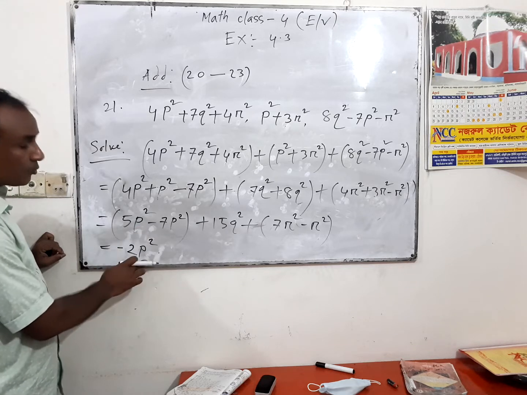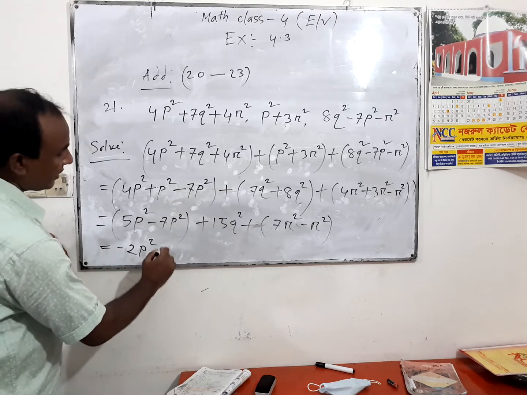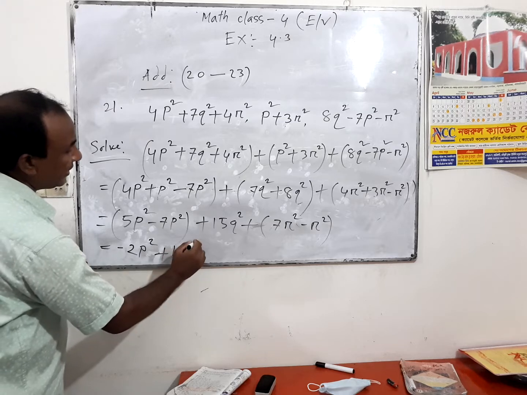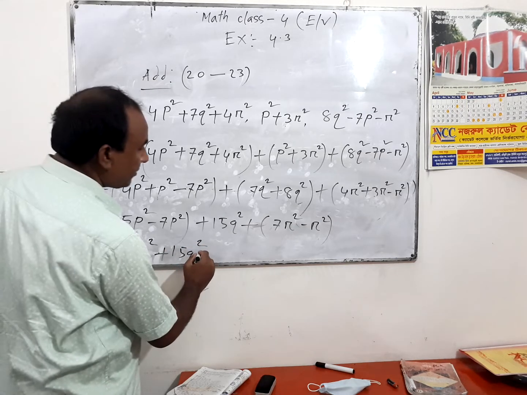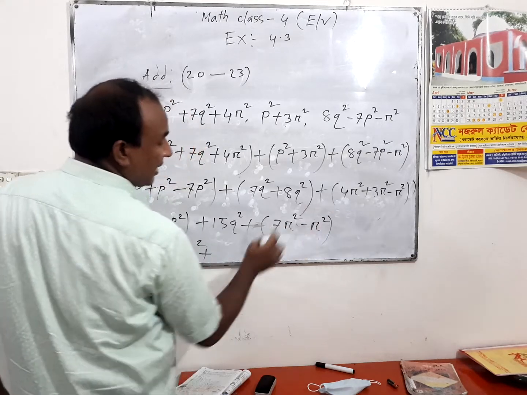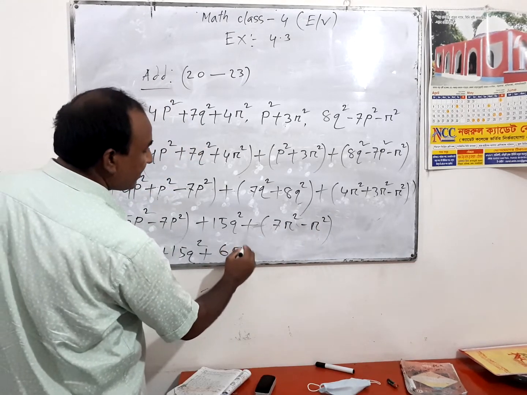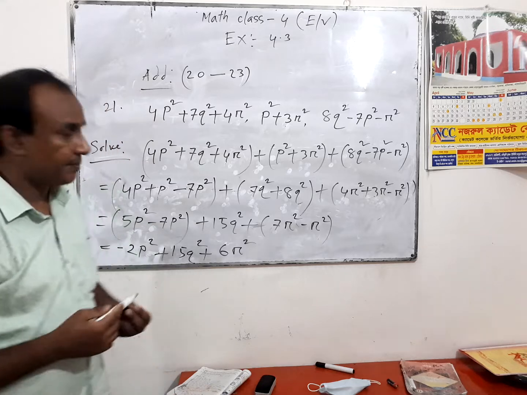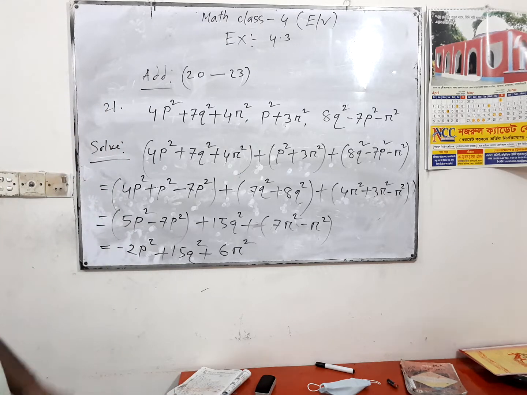That's why minus 2p square. And 15q square. And from 7r square take away 1r square, that means 6r square. This is the result.